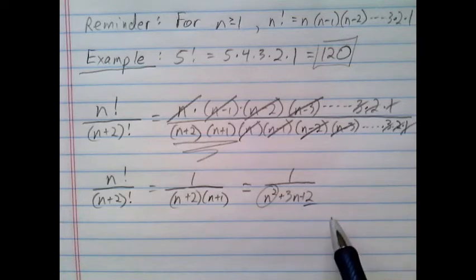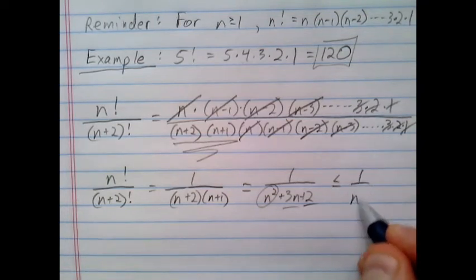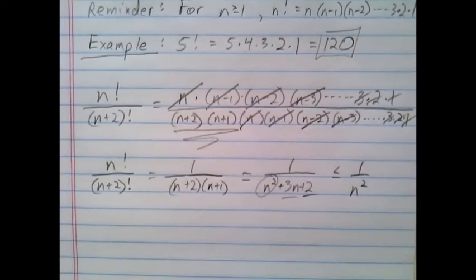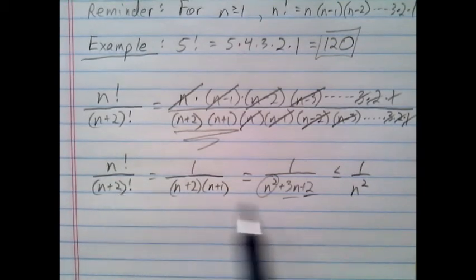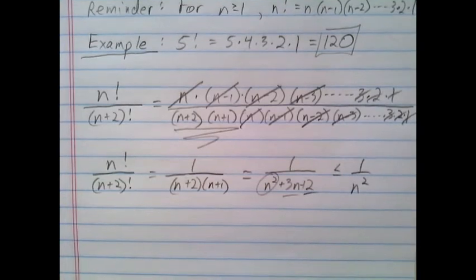And in fact, if I drop out the 2 and I drop out the 3n, both of those changes would make the denominator smaller, and that makes the fraction bigger. So now I can say that my nth term is less than or equal to the nth term of a convergent p-series.